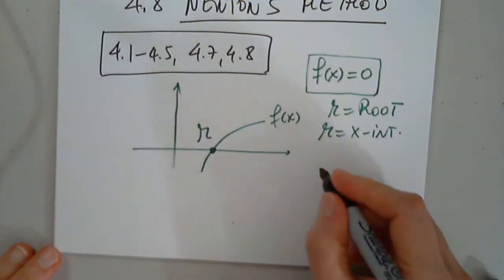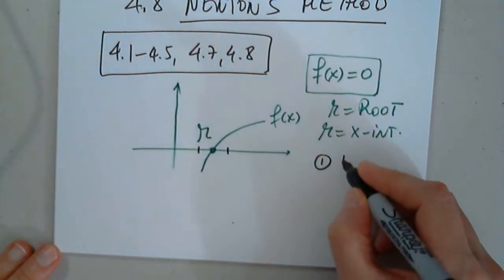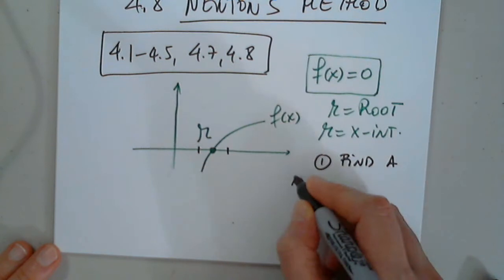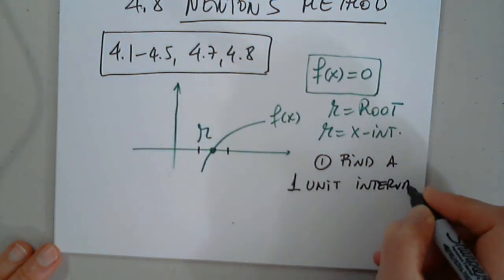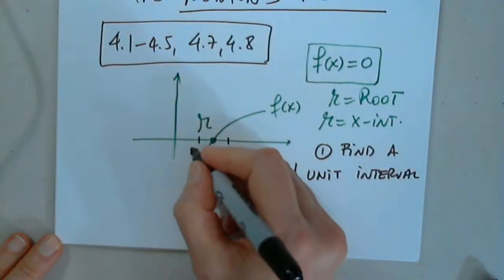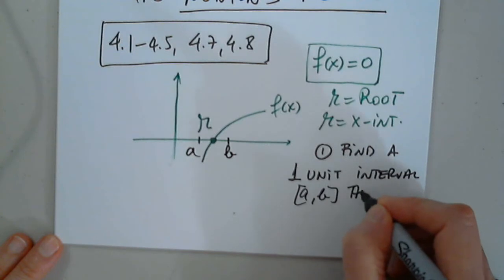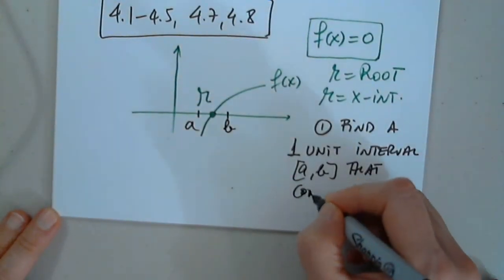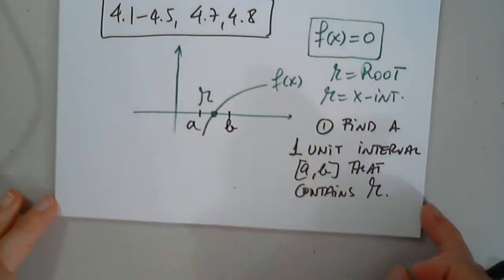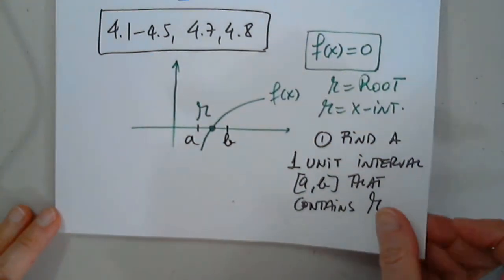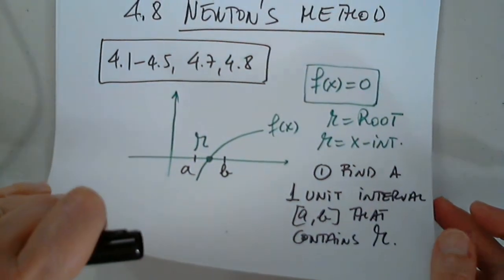First step, I will identify a 1-unit interval. Find a 1-unit interval a comma b that contains a solution r. How do I do that? For continuous functions, what was the theorem a long time ago that we looked at?